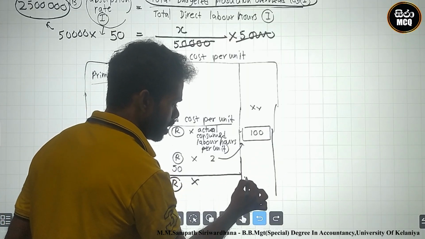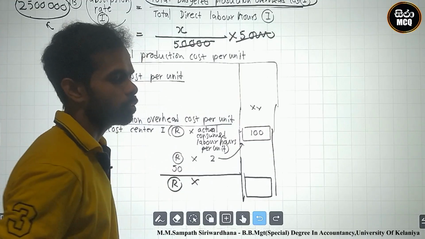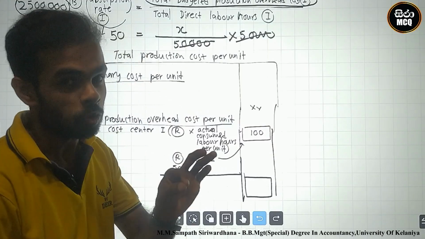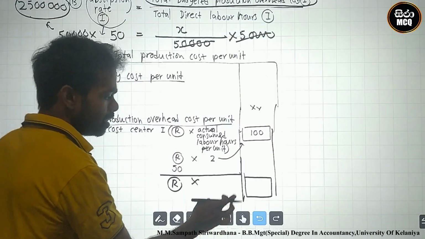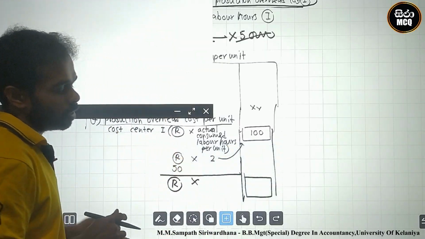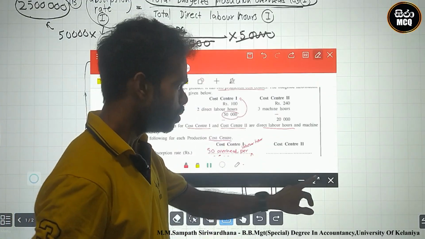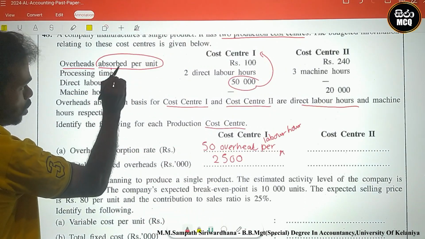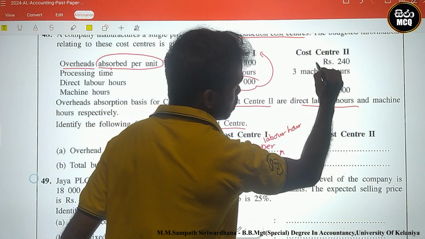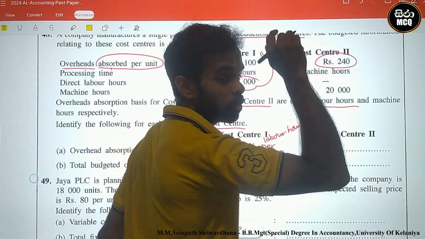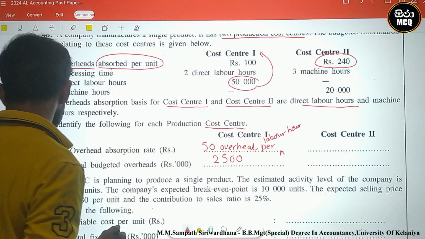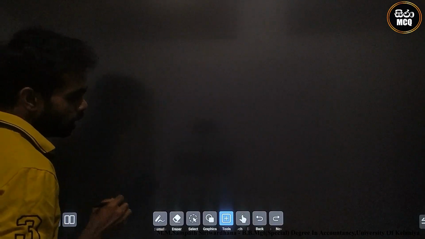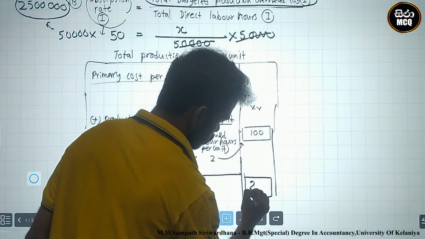We can identify the absorbed, already included overhead cost. They supplied it in cost center 2. Look here: overhead absorbed per unit, cost center 2, absorbed 240.